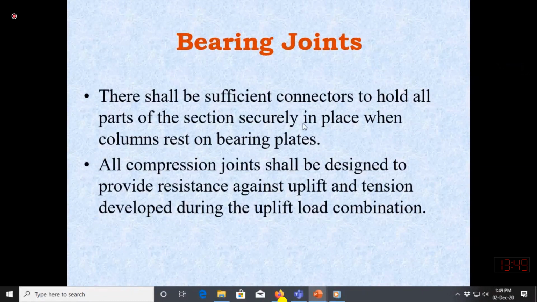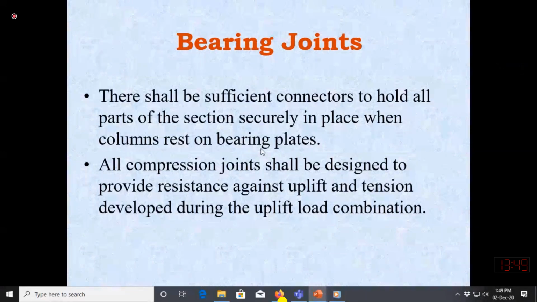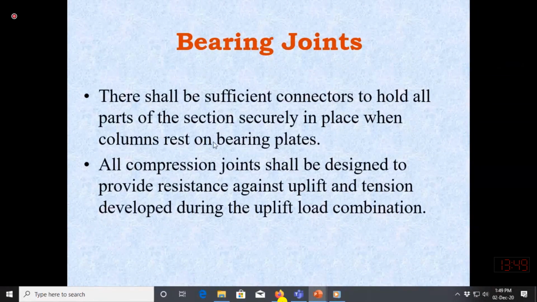So there shall be sufficient connectors to hold all parts of the section securely in place when columns rest on a bearing plate. So bottom ends of the columns are welded with a plate which is called bearing plate, and this plate is connected with a column pedestal or concrete pedestal.